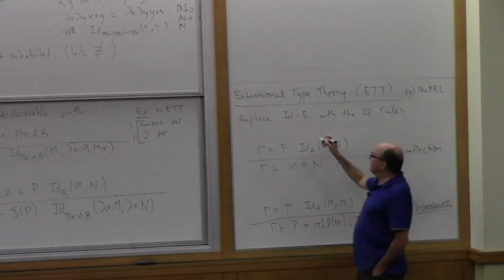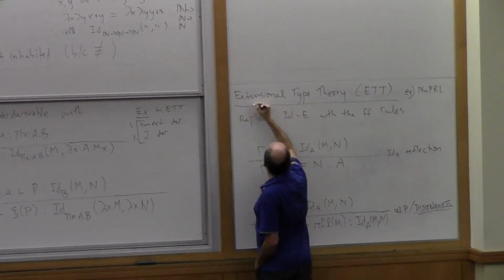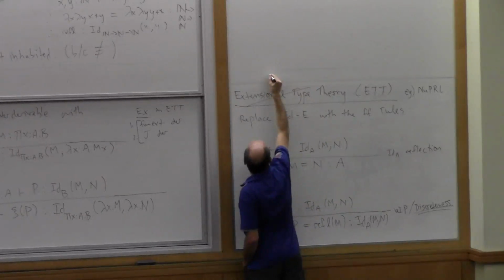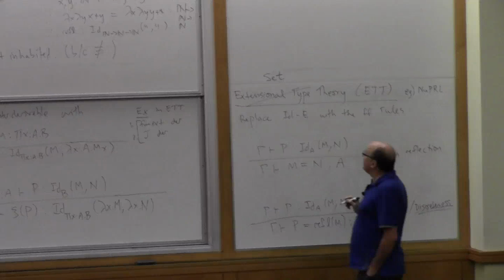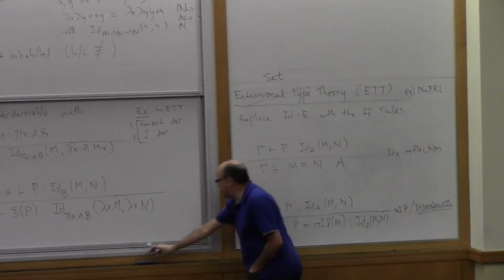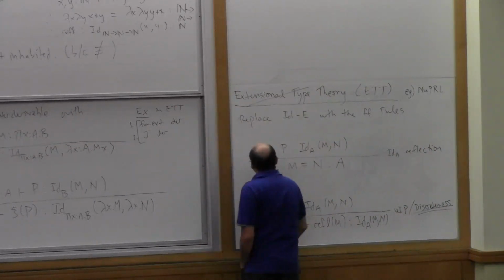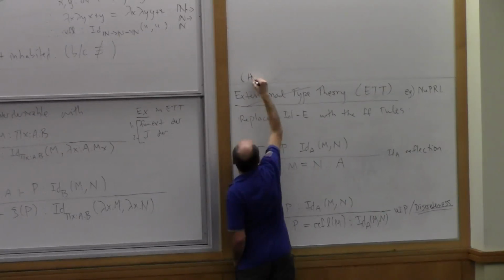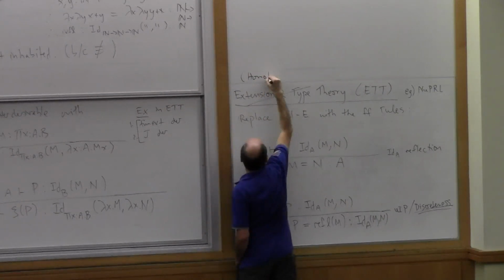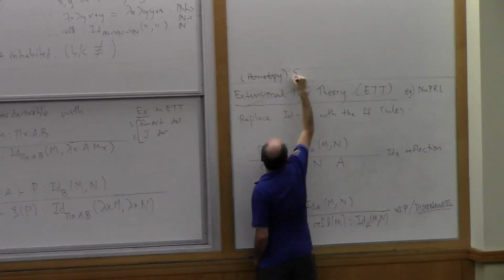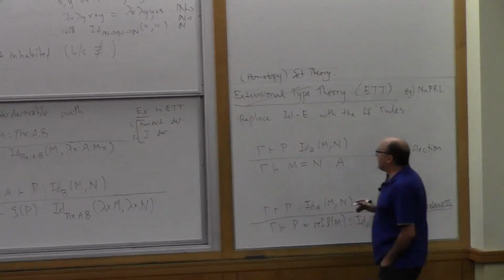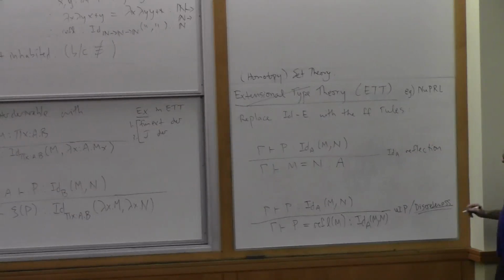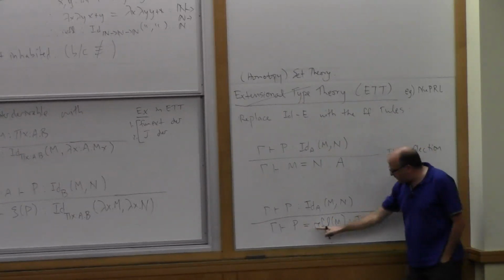Another way to describe this, which is a little more modern, is to call this, you're not going to like this, I'll call it set theory. And what I mean by this is, I'll write it like this, homotopy set theory. This is the right way to think about it. The reason is that look at what this is telling you.